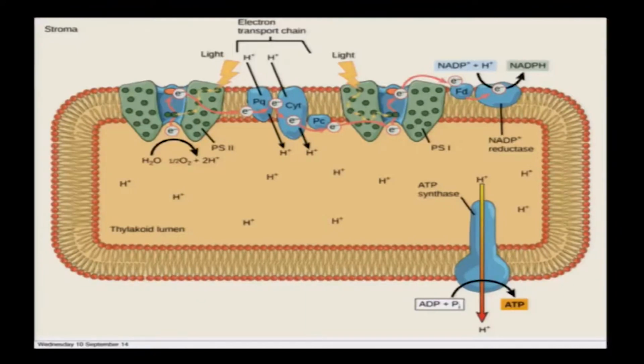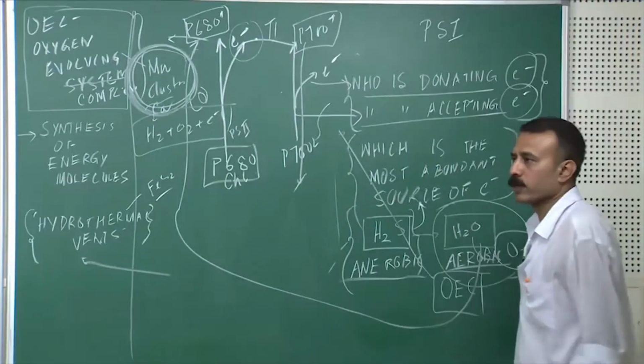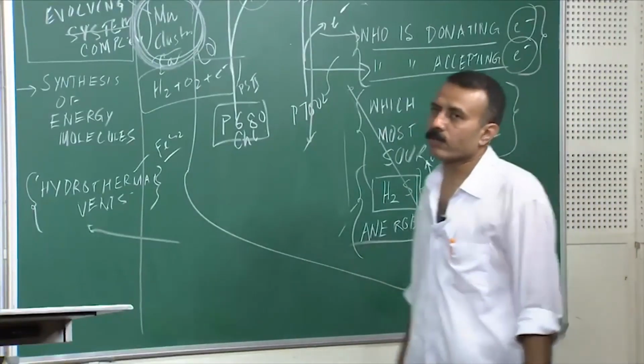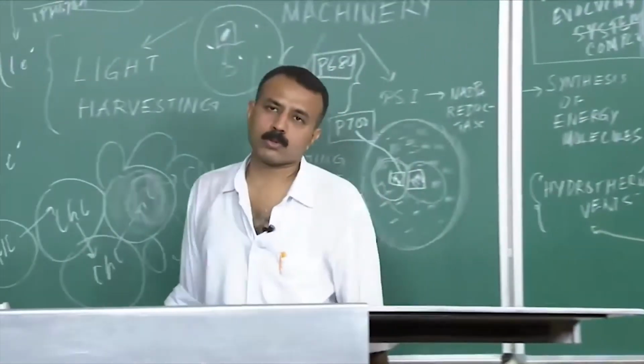Whereas, on the other hand, what you see is very interesting. Inside the thylakoid lumen, while the water is getting split up, it is evolving oxygen. So, this is what I was trying to tell you, that evolution of oxygen is nothing but a byproduct of the water splitting process. So, this is where the oxygen is sitting. Apart from oxygen, what is being generated is a series of protons out there.